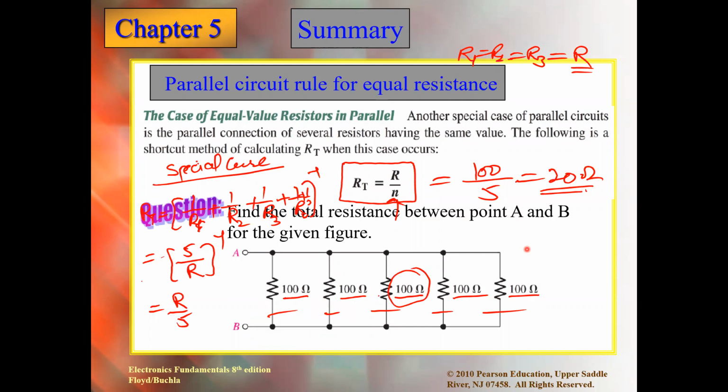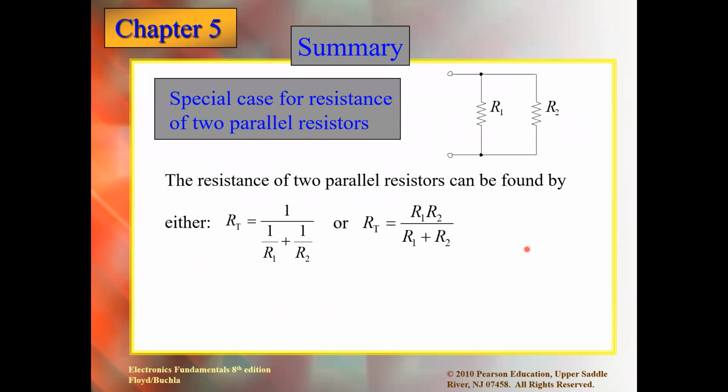Now, this is the second special case. Here we have two resistances, and this special case is only for two resistances in parallel. If you have only two, R1 and R2, you can apply this formula.